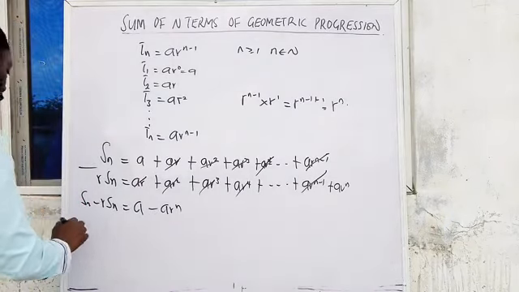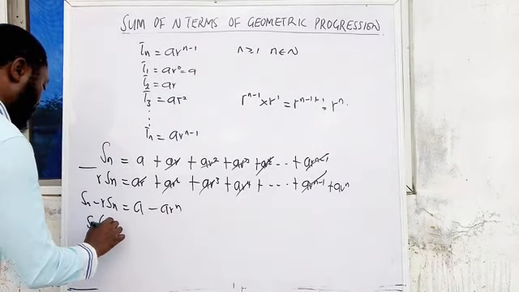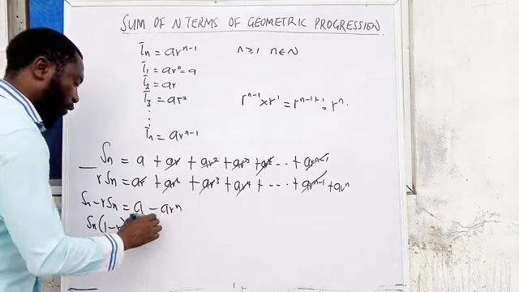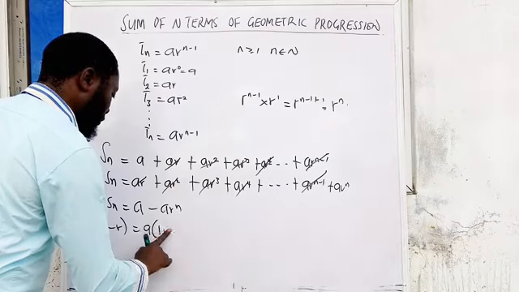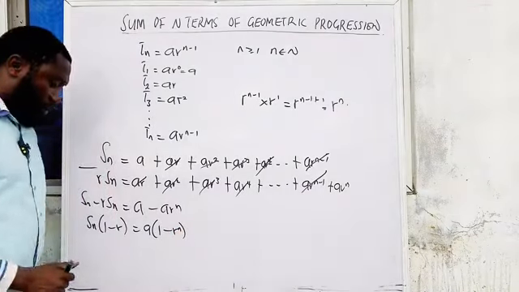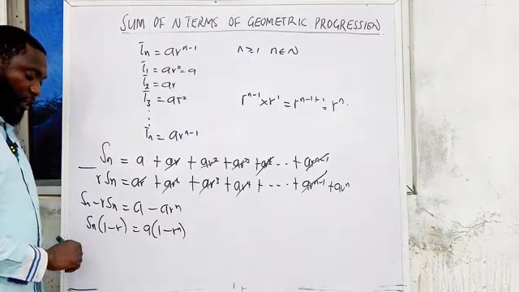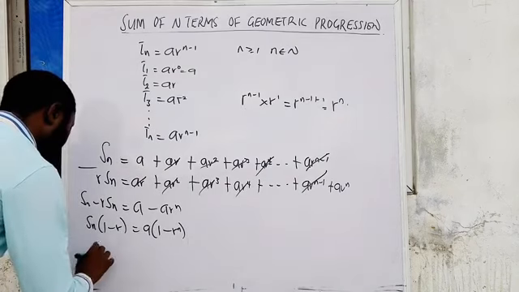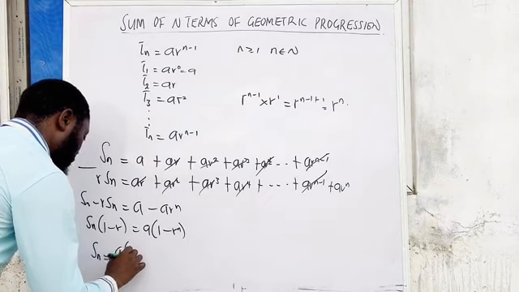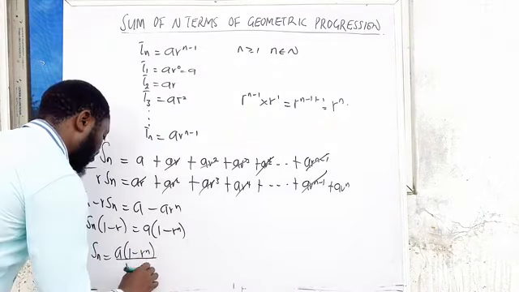Here Sn is common, so you can take out Sn, so that you have Sn(1 minus r) equals, here also you can factorize out a, a(1 minus r raised to the power of n). Now to make Sn the subject, we divide both sides by 1 minus r. So doing that, we have Sn equals a(1 minus r raised to the power of n) divided by 1 minus r.